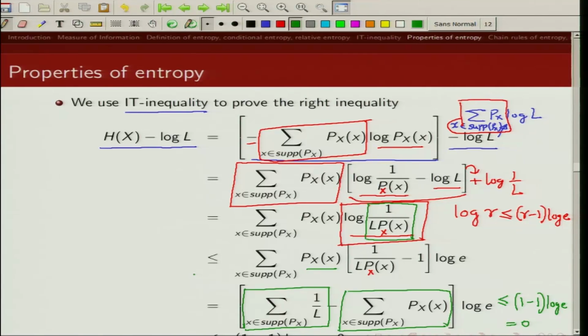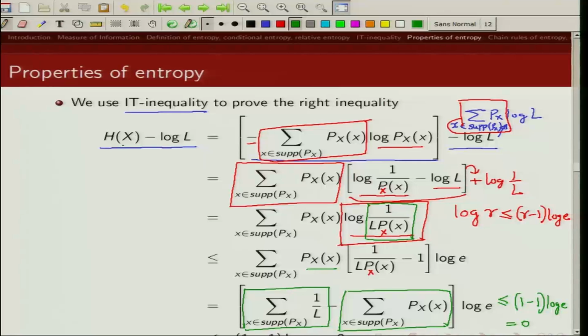So if x is a discrete random variable that can take L different values, then the maximum entropy or maximum uncertainty associated with x is equal to log of L, and this happens when r is 1. So when is r 1? That means 1 by L p(x) is going to 1.